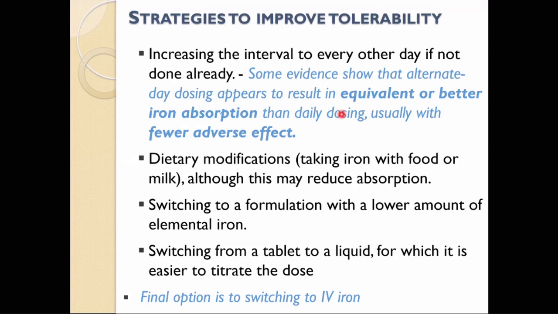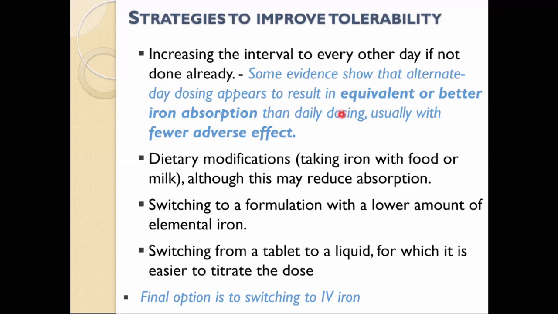Recently it has been found that even if you give iron every other day, right, the absorption might be equivalent or even better, and the patients will have fewer side effects as opposed to daily dosing. So if they can't tolerate daily dosing, you can give every other day and see.